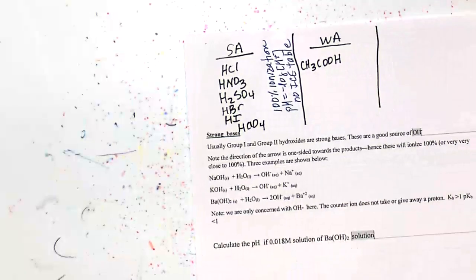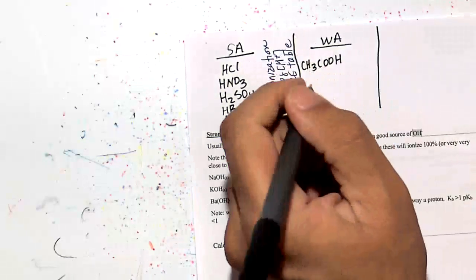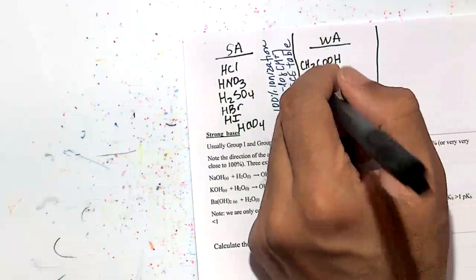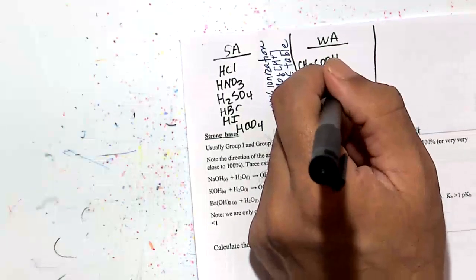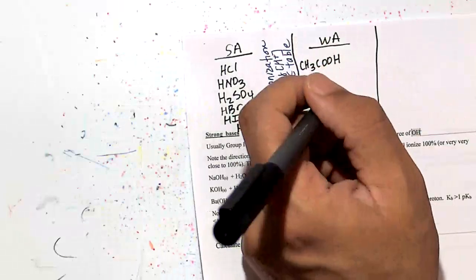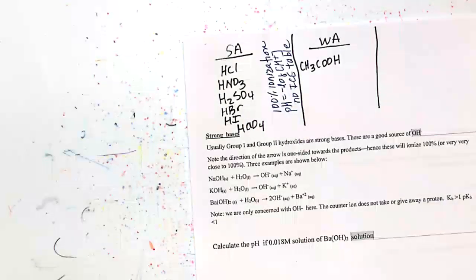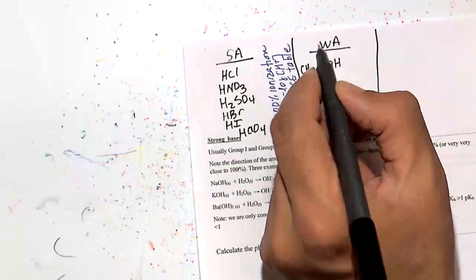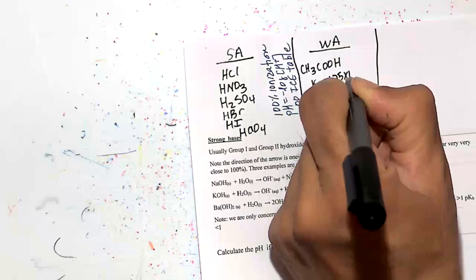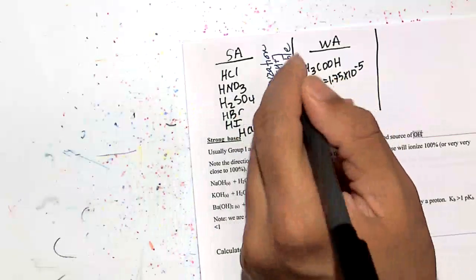There's many more, but acetic acid is one of them. And this has a Ka, which you look up in the book. Actually, the Ka for acetic acid is 1.75 times 10 to the minus 5.